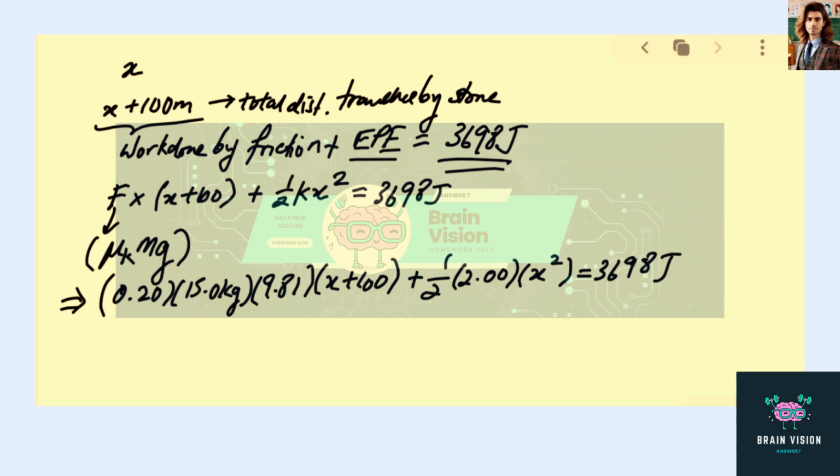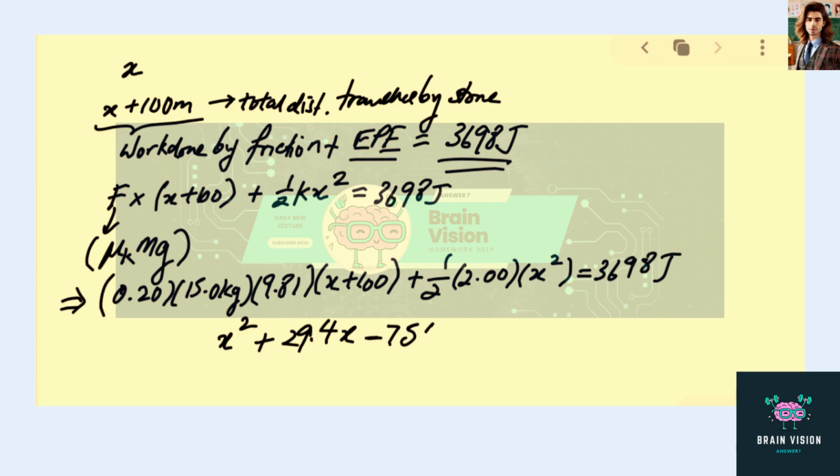What we need to do now is rearrange this from the highest power of x to the lowest power of x. So x squared, we expand out this bracket and keep only the x term, which should be 29.4x, and then we bring 3698 to the left hand side.